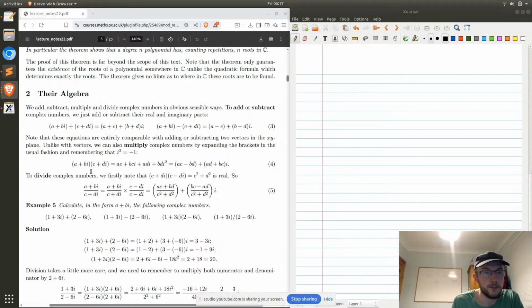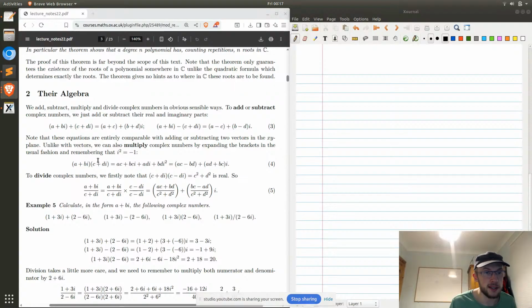When you multiply it out using FOIL or just a table or just your mind, you get this here. But you need to clean it up, put all the real parts on the left and all the imaginary parts on the right. And we get this. AC minus BD, that's the real part.